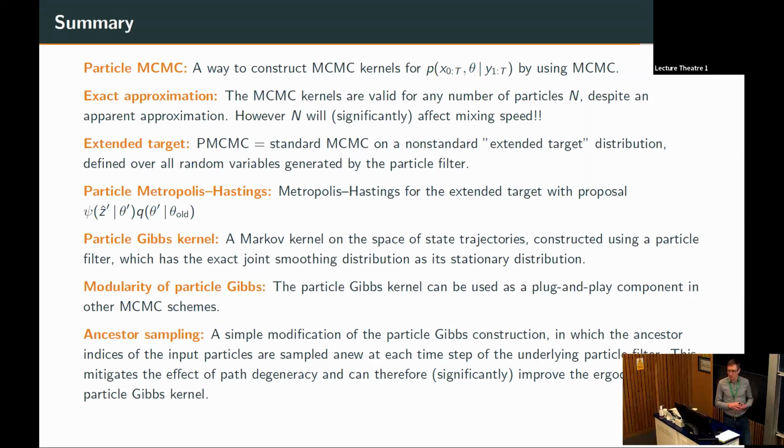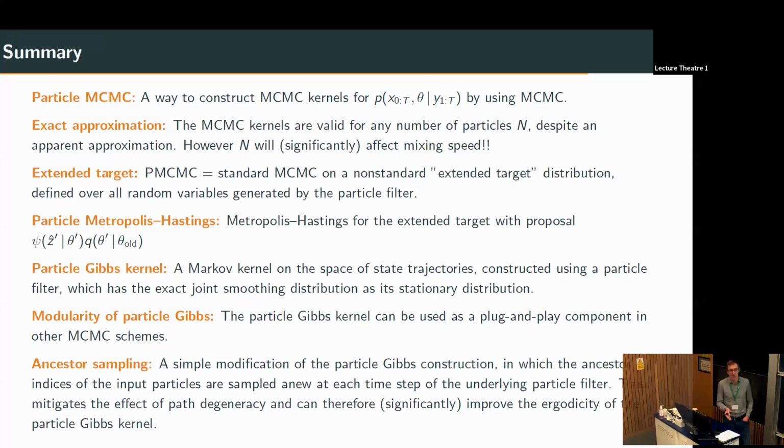So we define an extended distribution which has this original target as one of its marginals, and then we apply more or less standard MCMC kernels on that extended target. Depending on which MCMC method we use on the extended target, we end up with different MCMC algorithms.